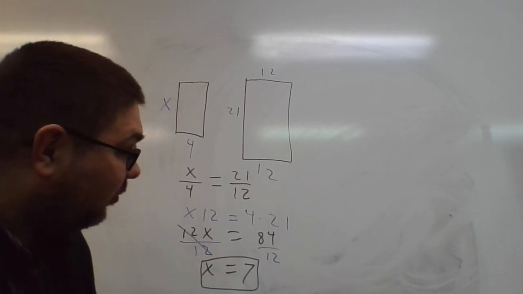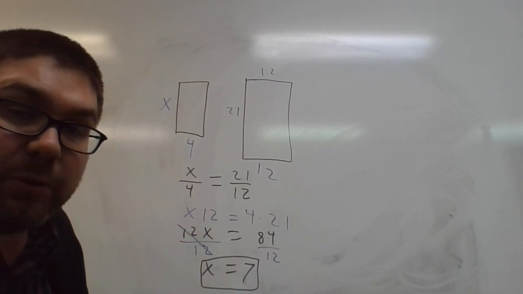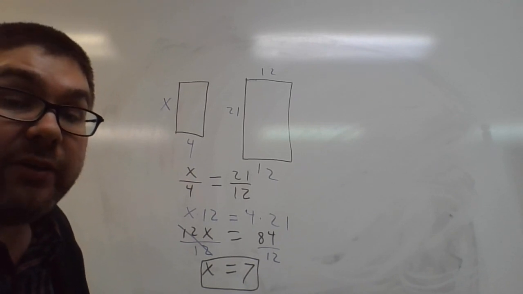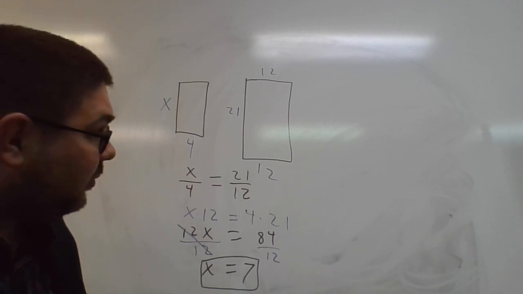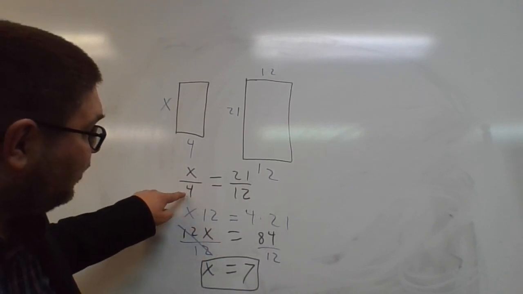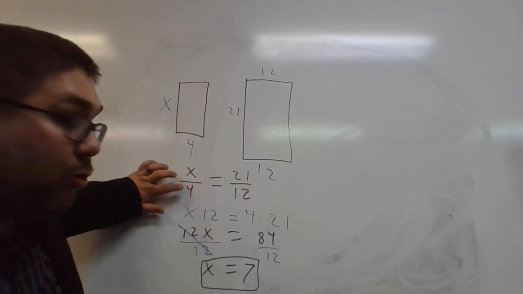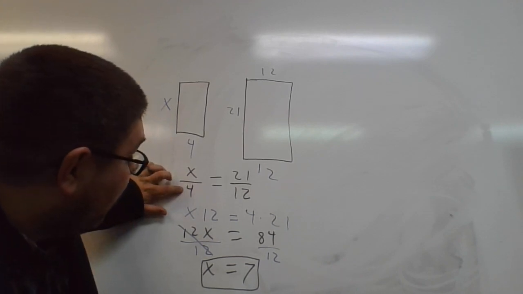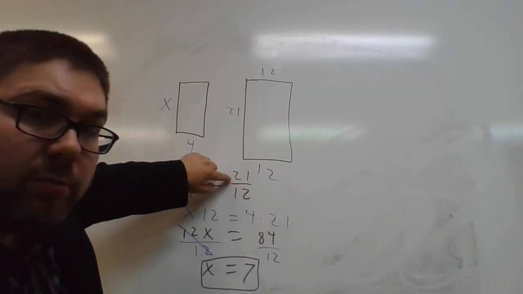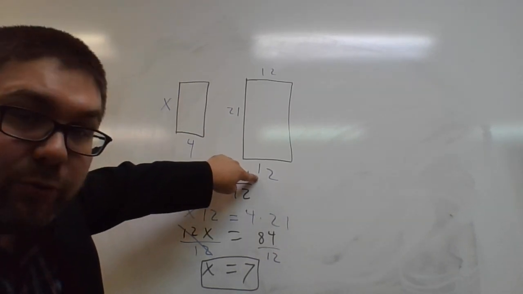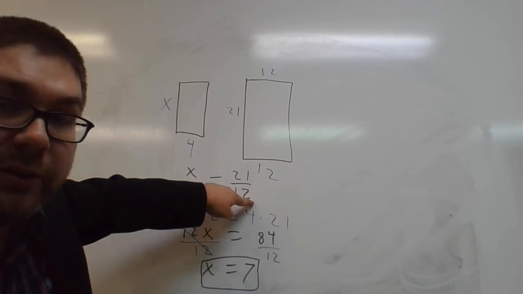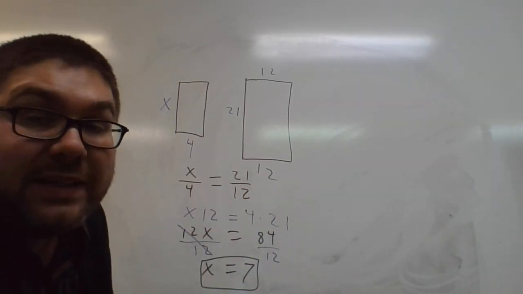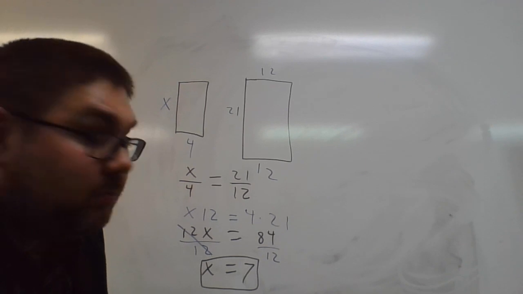We're dividing by 12 because 12 times x is multiplication, and we want the inverse operation, which is divide. Again, you could also multiply each side by 4 and get 21 times 4, which is 84, then divide by 12 and you get 7. You're doing the same thing either way.